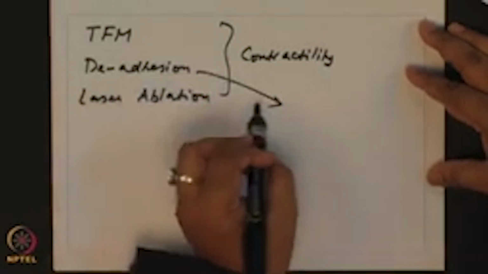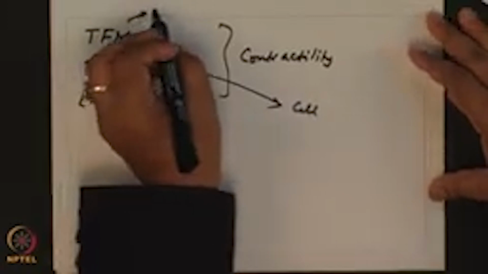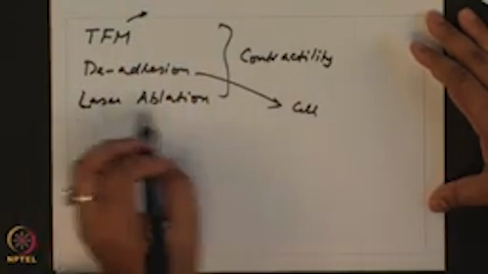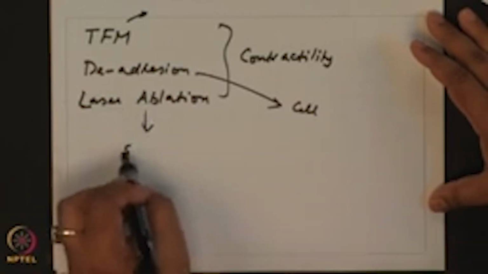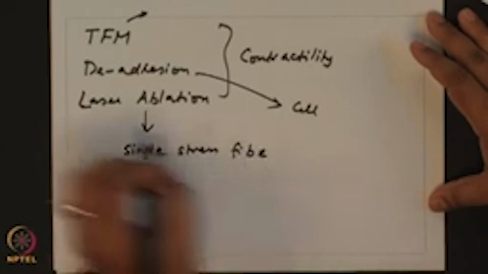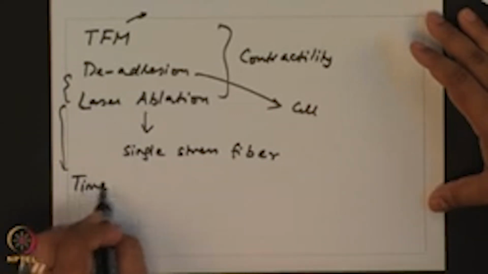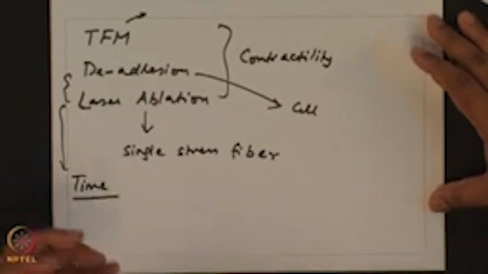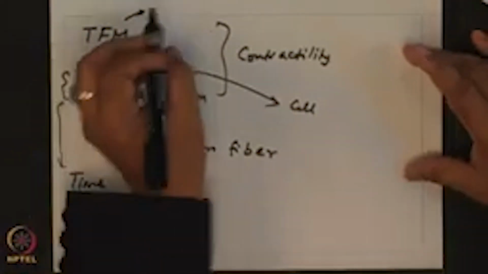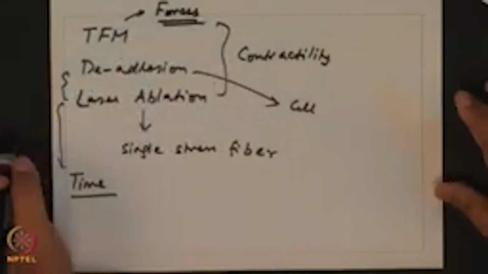De-addition provides the cell level contractility, TFM provides contractility information within the cell at different points, and laser ablation also provides contractility, but from a single stress fiber. Both de-addition and laser ablation provide this information in the form of time. Lesser time is correlated with higher contractility, while in TFM you get an actual estimate of forces exerted at different points within the cell.